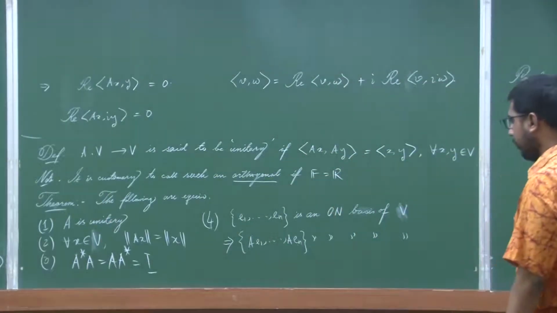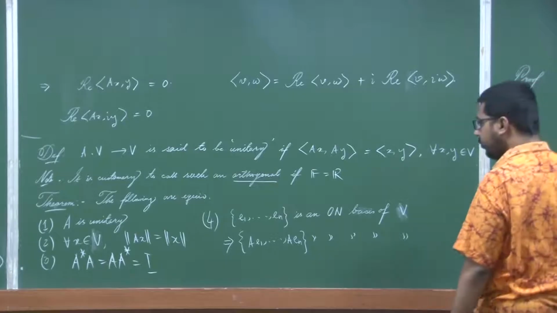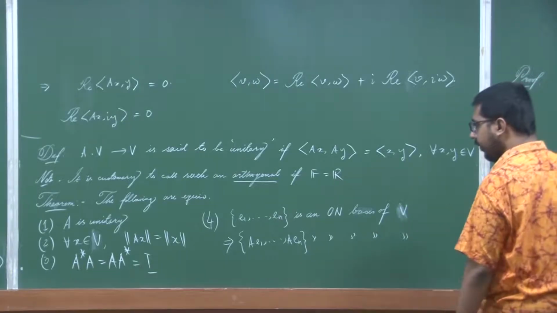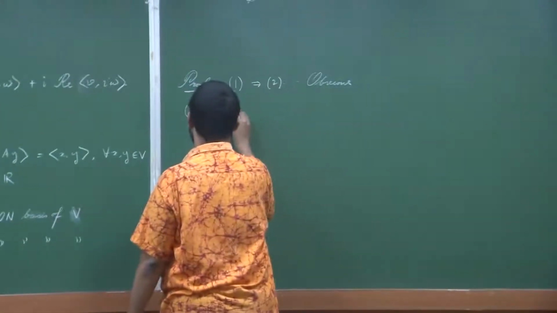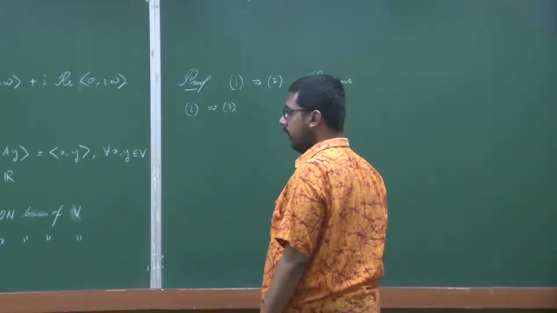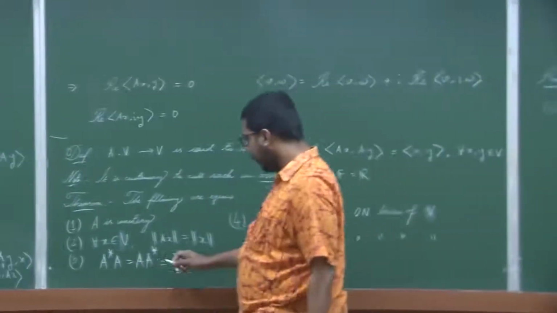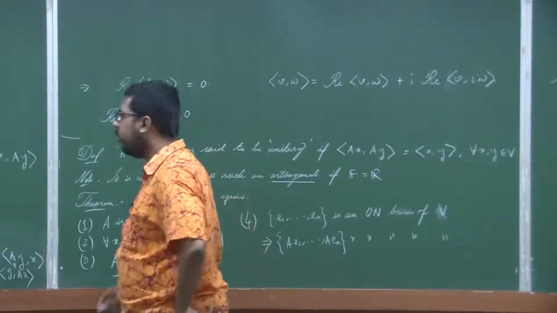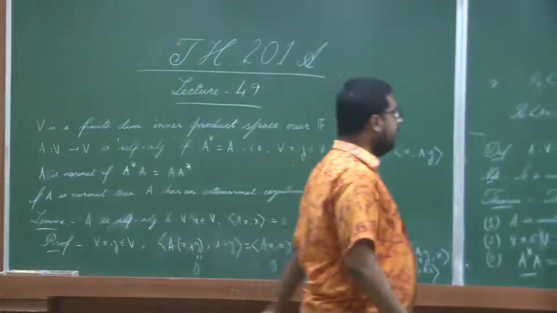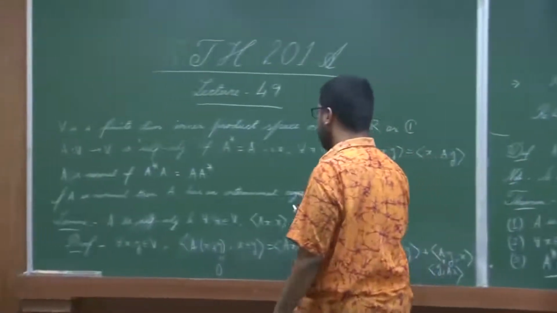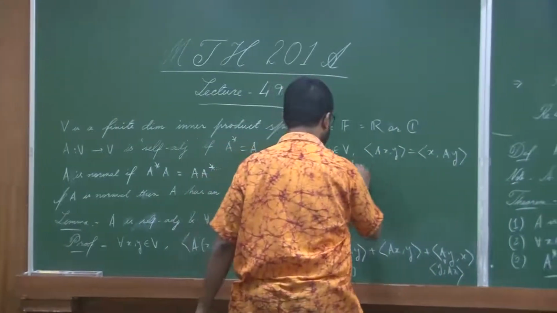Let us talk about 2 to 3. In order to show 2 to 3, what one can do is observe that given any operator A, A star A is self adjoint, right. I will make a note here.